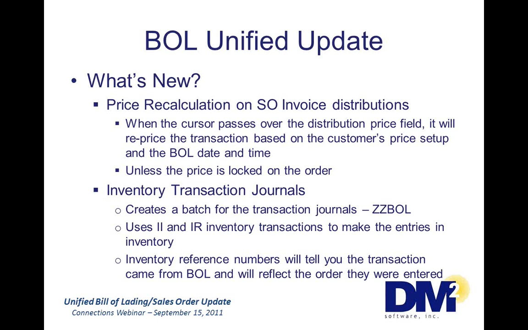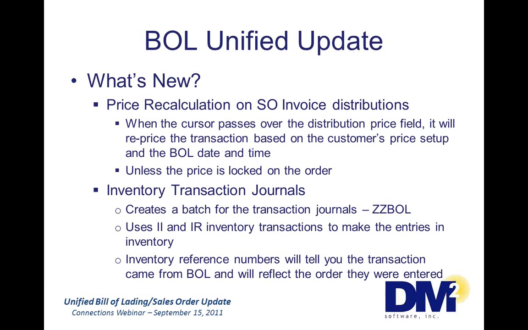Now we will be using the standard inventory transaction types: IR for receiving product into the truck warehouse, II for moving transactions out of the truck warehouse to a plant warehouse, and IA for credit and rebill type transactions.